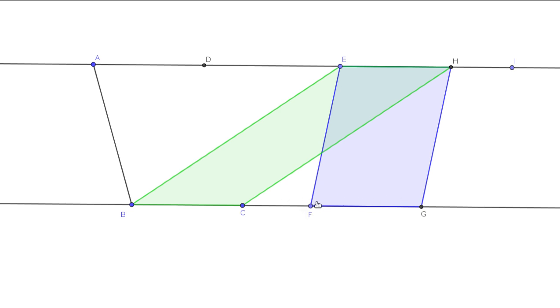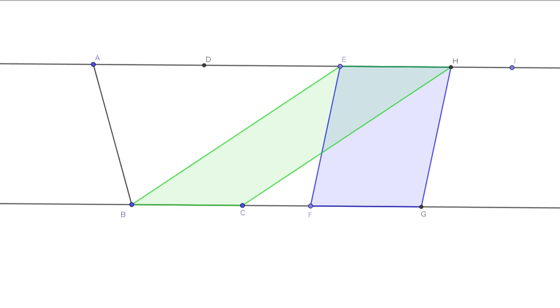So we know that those two angles are going to be congruent. And then also by our proposition 34, we know that the length of the segment FE is going to be congruent to the length of the segment GH because those are opposite sides of a parallelogram.